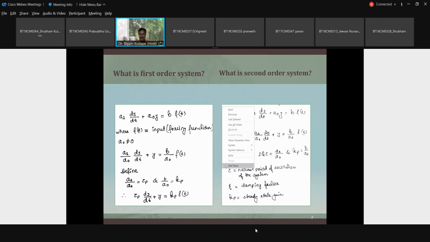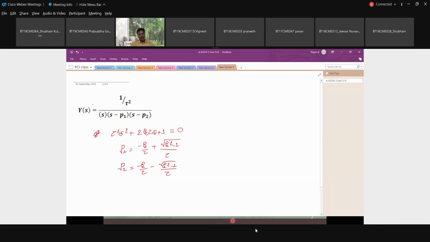Is this visible? Okay, so y is a function of P1 and P2, but P1 and P2 depend on the value of psi.